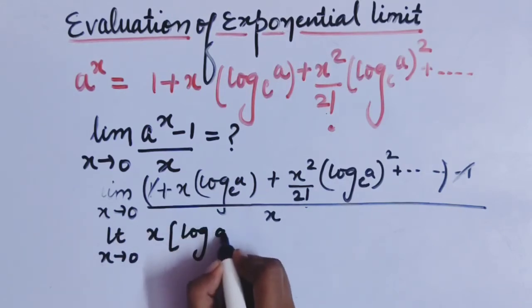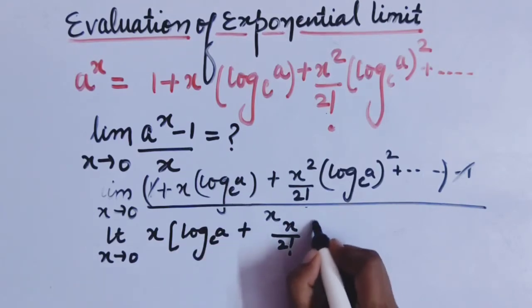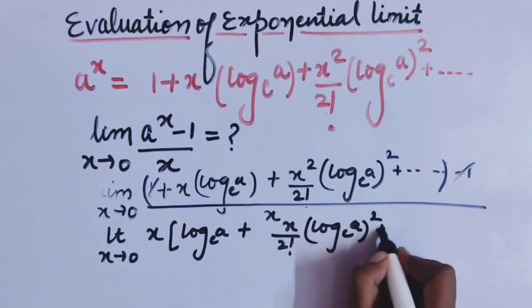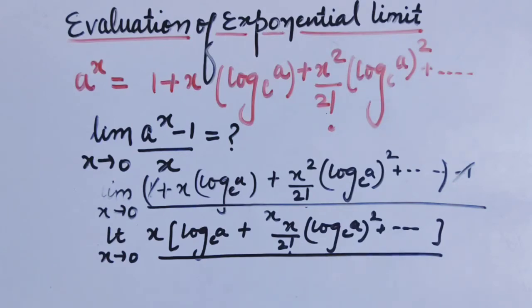Log a to the base e plus x by 2 factorial log a to the base e whole square and so on. And in the denominator, what is there? There is x. So it will get cancelled out. Now see here, this is only left: limit x tends to 0, log a to the base e plus x by 2 factorial log a to the base e whole square and so on.